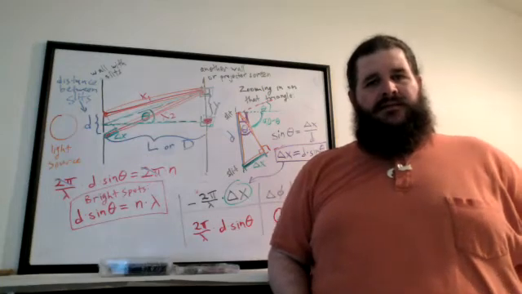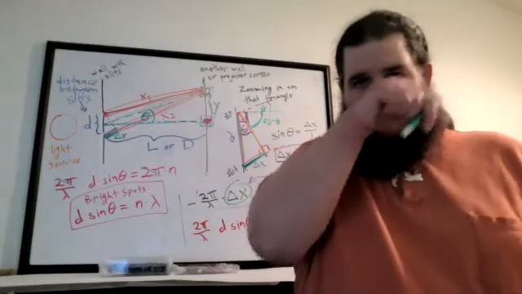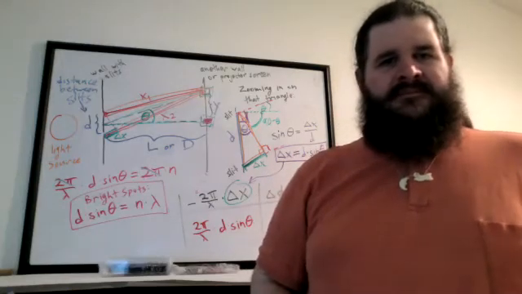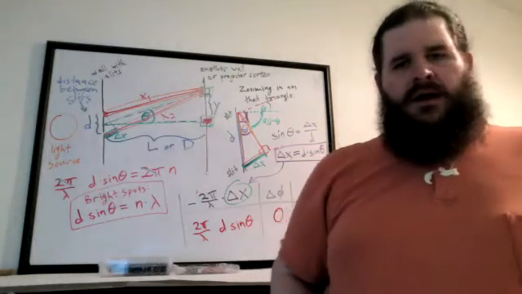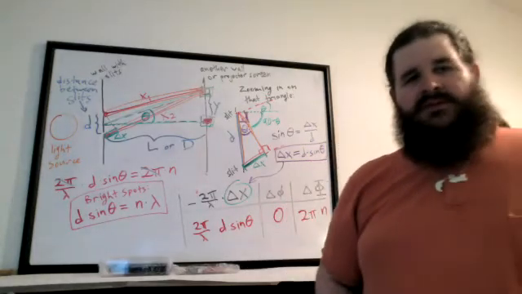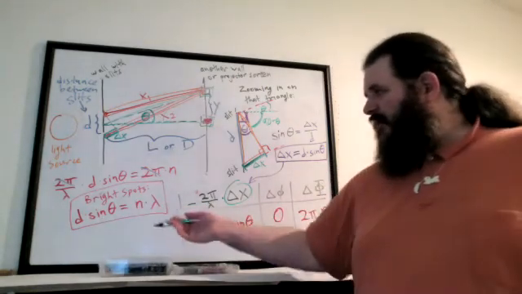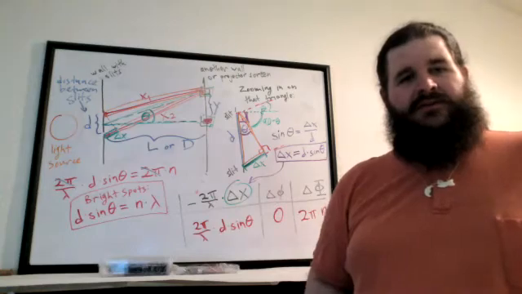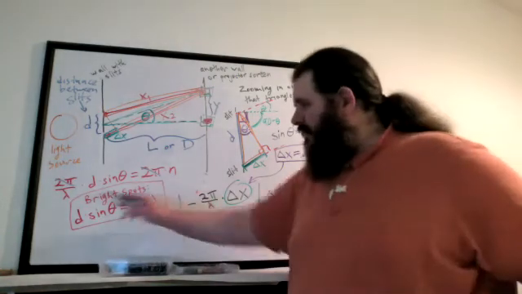Casey, I had a quick question. On an exam or a quiz, would they give us what the angle is, or do we have to figure it out? I'm still kind of confused. It really depends on the circumstances. As long as you've got an equation like this, as long as you have any three of those values, you can immediately solve for the fourth value. Or maybe you've got the wavelength and the distance.